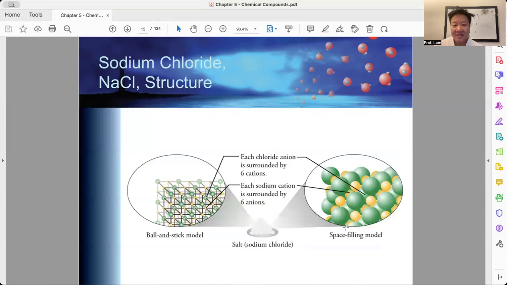So what does it look like? When you have ionic bonds, we don't call these molecules because now you have an unending 3D array of plus and minus just stacked on top of each other like magnets. We call this the crystal lattice.